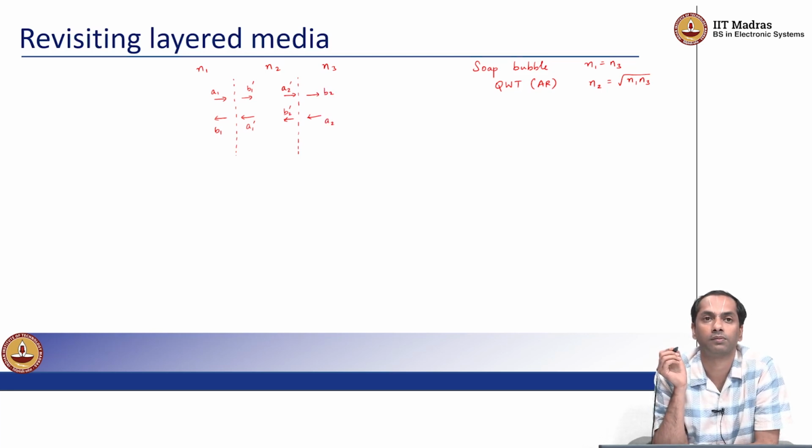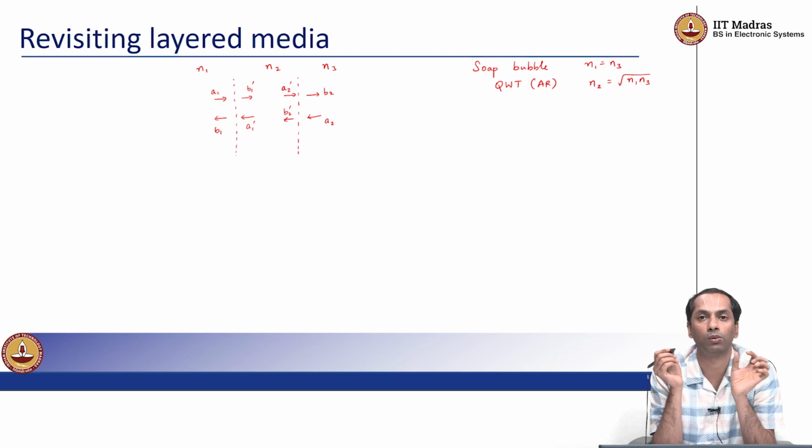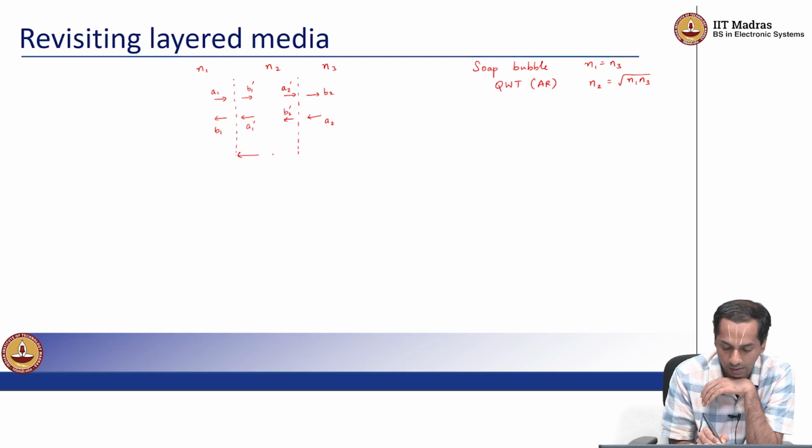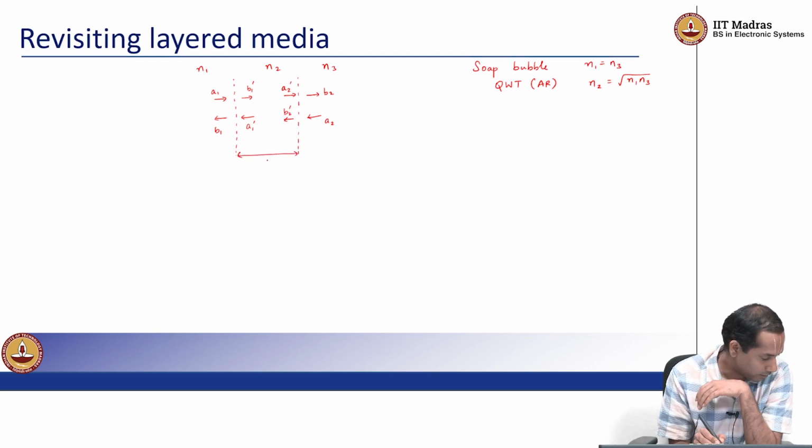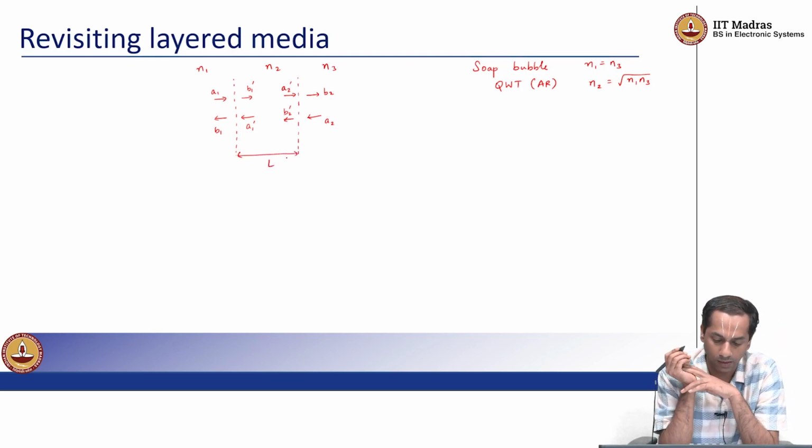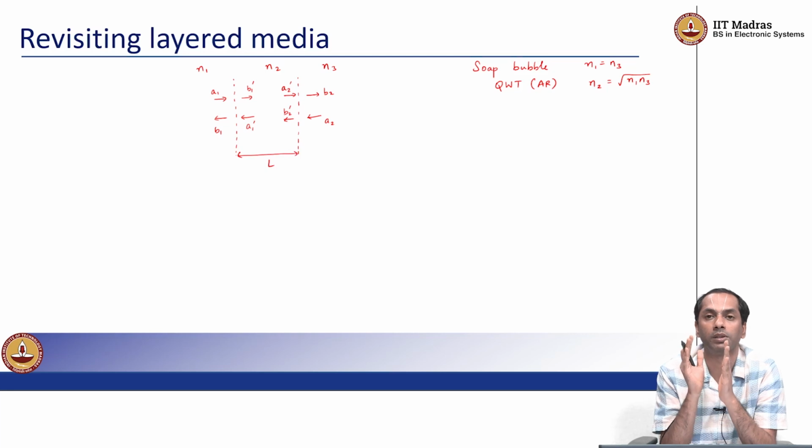Okay. So I can consider the first interface from medium 1 to medium 2 as one transmission matrix, and then there is the free propagation of a plane wave through medium 2 from one boundary to the other over a finite distance, let's call it L. And then I have another transmission matrix for the second dielectric boundary.